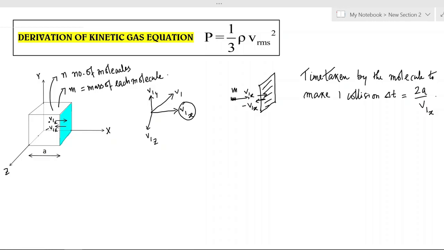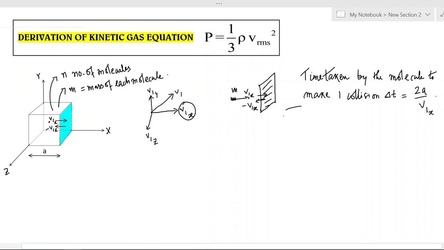It has traveled a distance a, and after colliding with the back wall it has traveled again towards the shaded wall another distance a. a plus a is equal to 2a with the velocity v1x. So the time taken is 2a upon v1x, right?